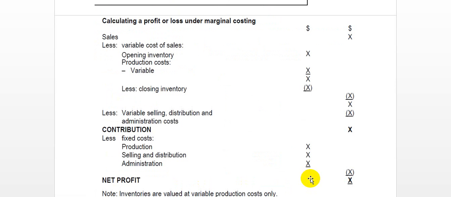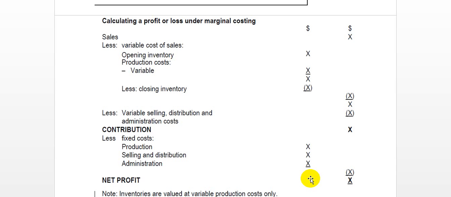When preparing profit or loss under marginal costing, the sales minus the variable costs give us what is known as contribution. So contribution is only found in marginal costing. You will not find it in absorption costing.